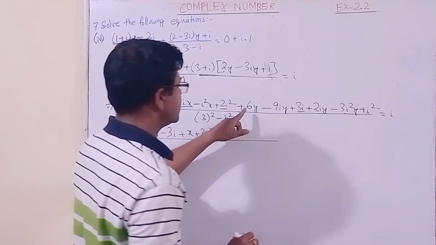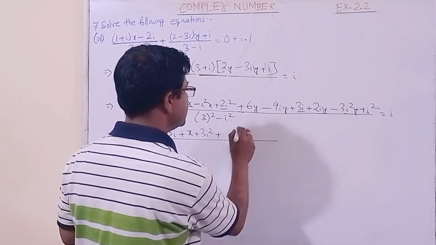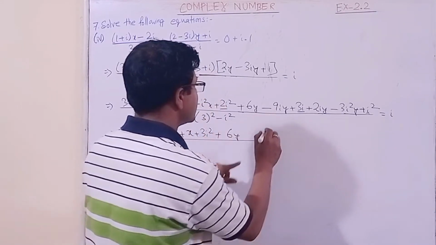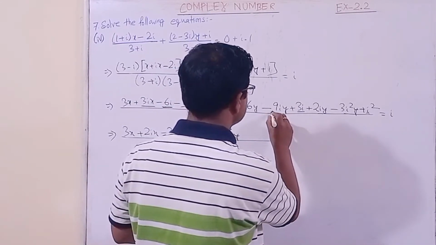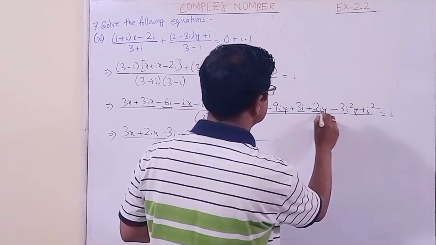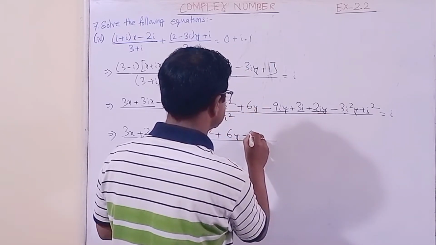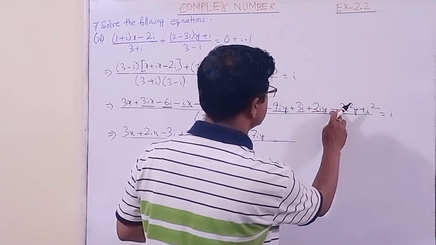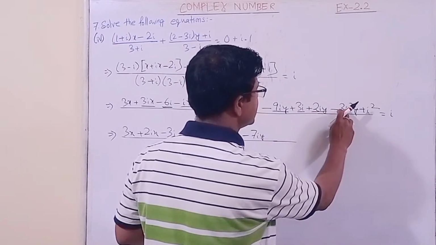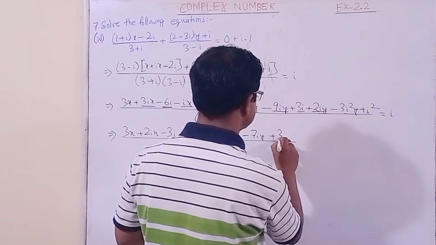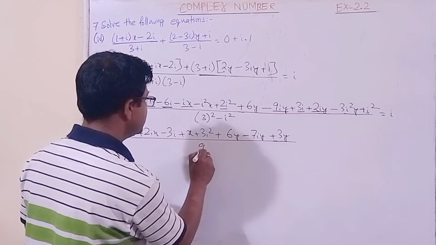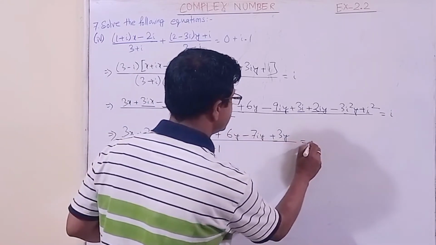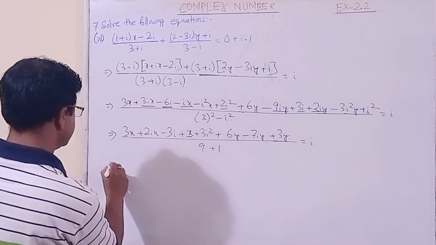Then here there is 6y, with no continuing term. Then minus 9iy plus 2iy is minus 7iy. When we count all of these, minus 3i square y plus 3y becomes 9y, and i square is minus 1, so plus 1 is equal to i.